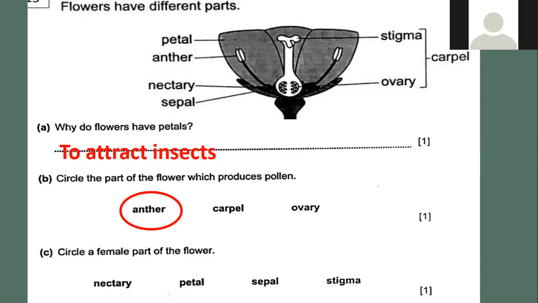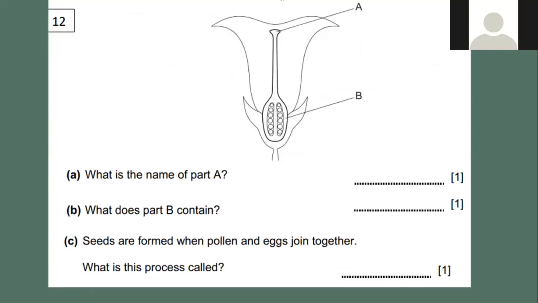C, circle a female part of the flower: nectary, petal, sepal, or stigma. The female part is the stigma. Of course, it is the stigma because we don't have the ovary here in these choices. Question number two.